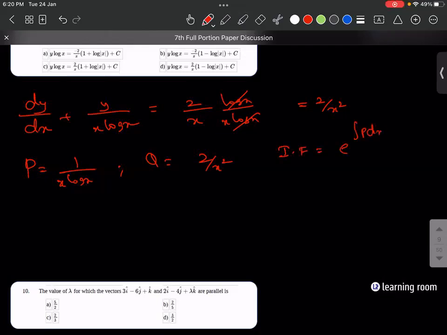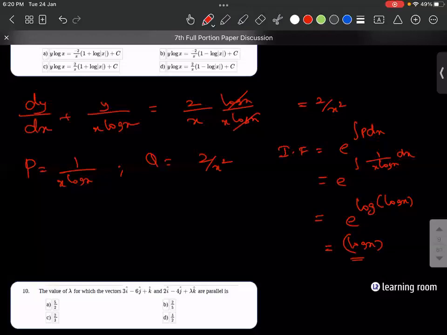E power integral of p dx. So e power integral of p is 1 by x log x dx. Tell me what is the answer? So what is the integral of 1 by x log x? Log of log x. Correct. So e power log of log x. So e power log of log x is basically log x only.